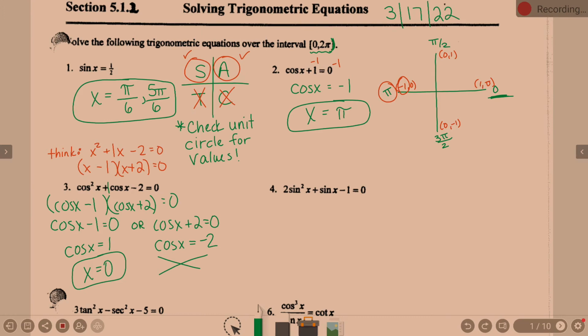If that was our only part of the problem, we'd say no solution. However, do we still have our other answer? We do. So what that means is our only answer is 0. Okay?